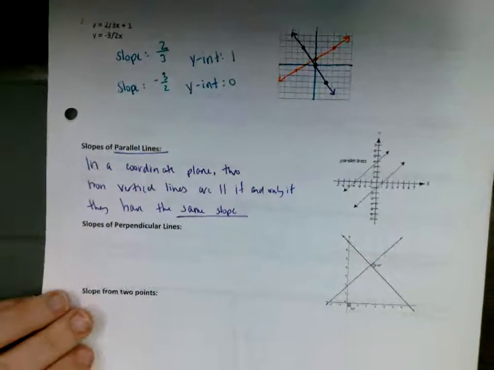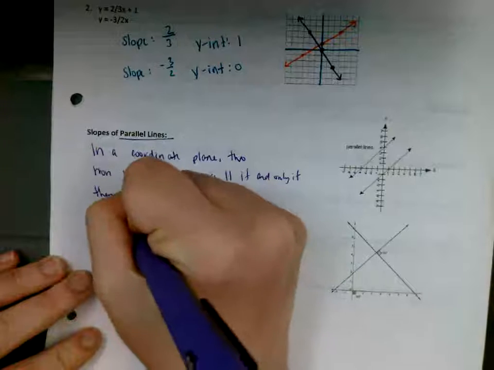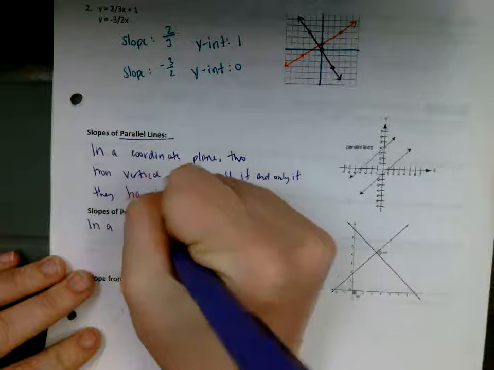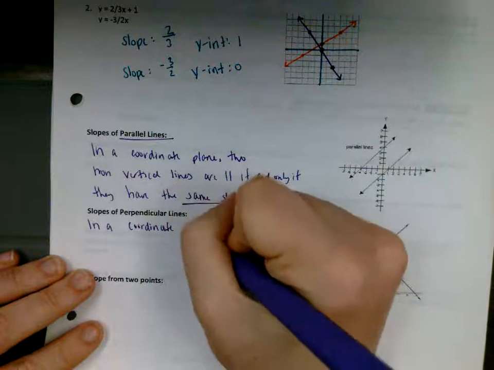Slopes of perpendicular lines in a coordinate plane. Remember, if we haven't talked about this yet, coordinate plane is just a fancy word for graph.